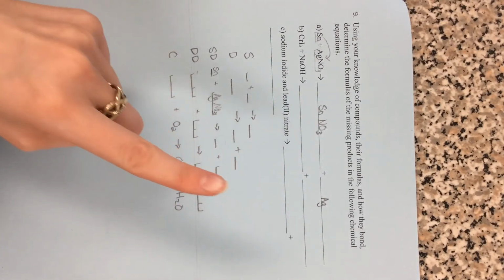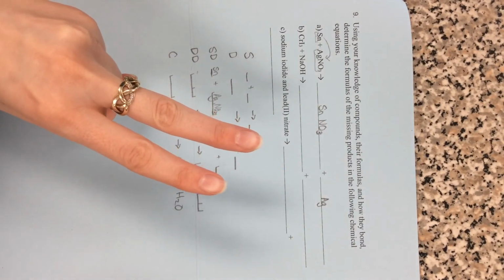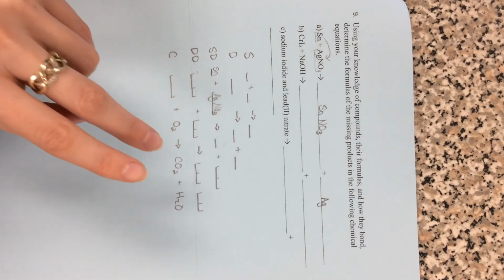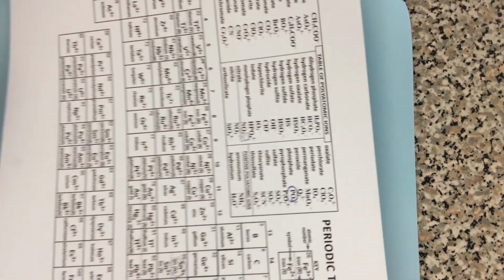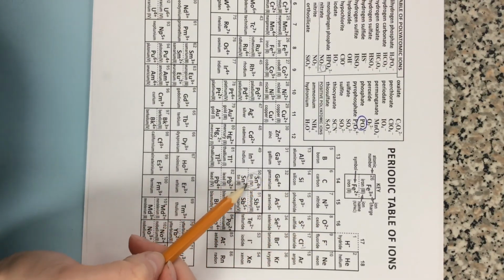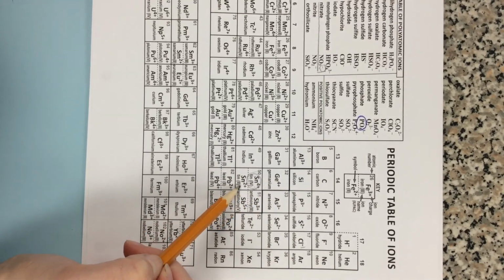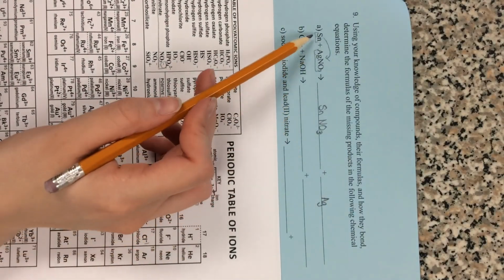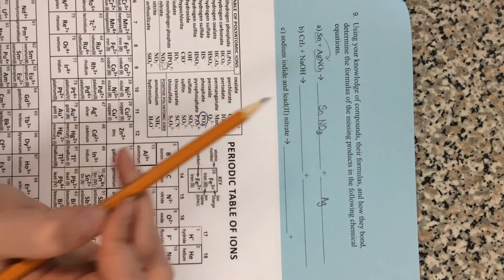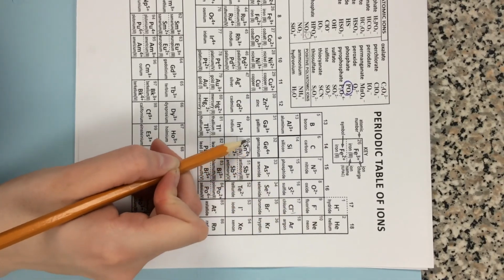Step 2 is, for my formula, I need to find my charges. So let's go ahead and find my charges for tin. Tin's a little bit tricky. When I'm looking, I notice that there's 2 options. Whenever it doesn't tell us what charge tin has, we're just going to pick the top one because that is the most common.